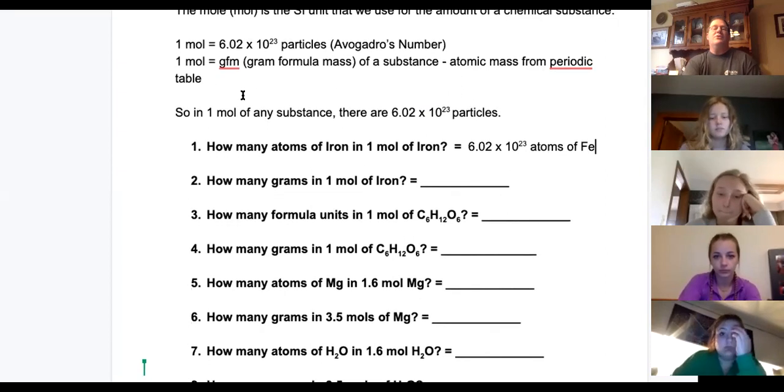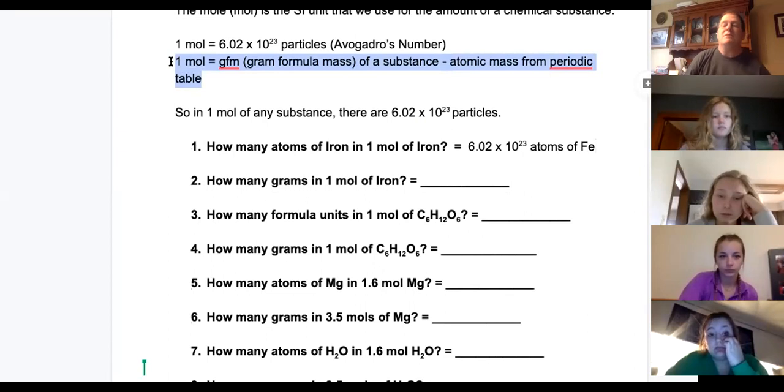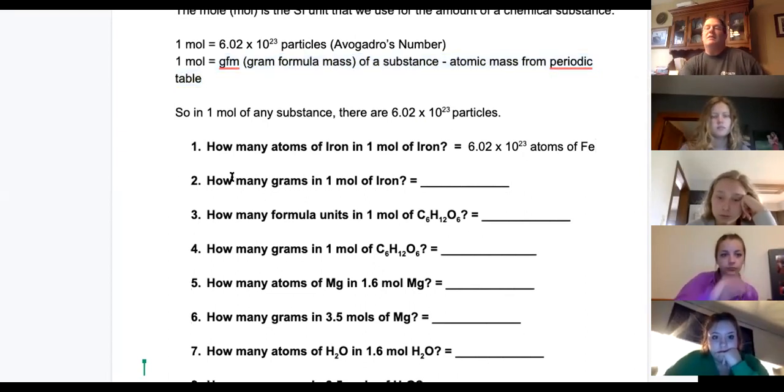Okay, if we look at number 2, it says that 1 mole is also equal to the gram formula mass of a substance, right? So from the periodic table. Maylee, how many grams would be in 1 mole of iron? We would have to look at the periodic table, the atomic mass of iron.